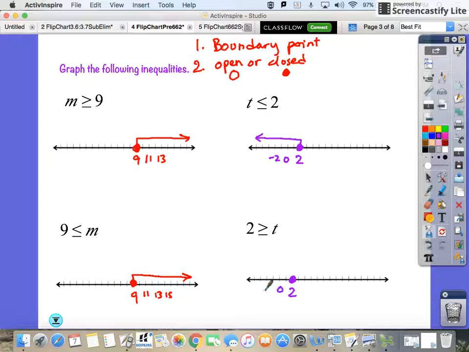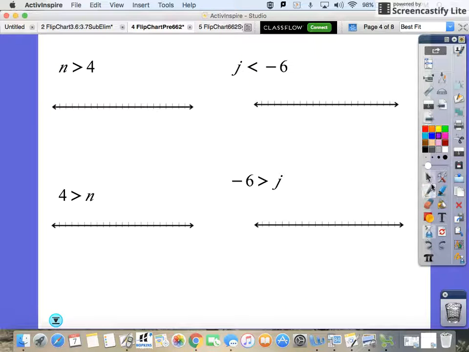Well, 2 is greater than 0 and -2 and -1,000. So you'll notice that these two are exactly the same, even though they look different, because the symbol flipped when the number and the variable flipped. Same with these two.